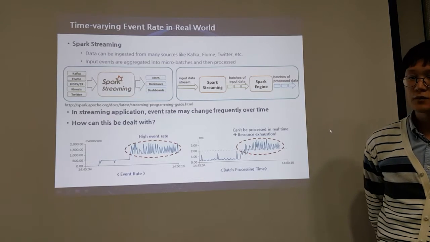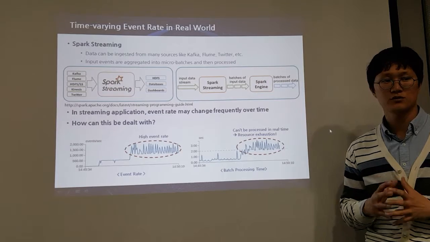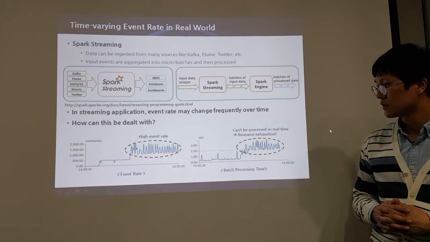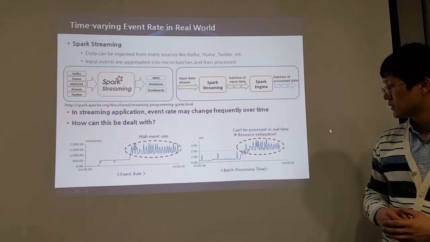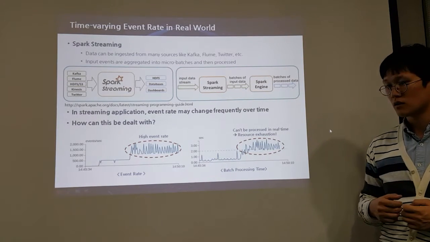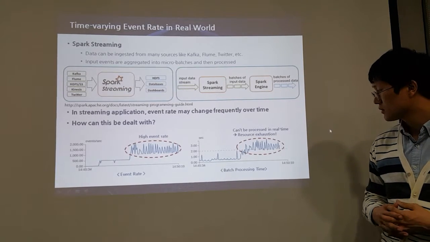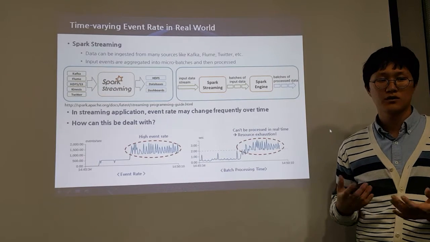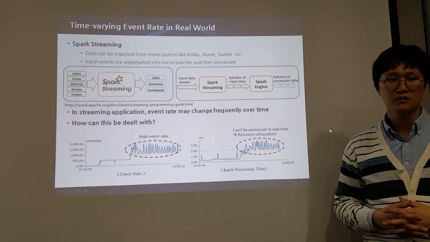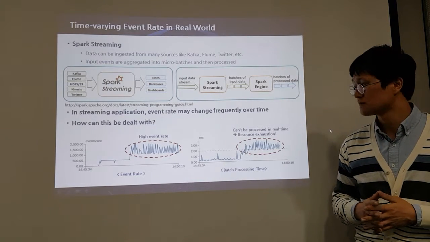If a Spark streaming application is allocated a fixed amount of resources all the time, then if the event rate becomes too great, it can't process those streams in time. So the application has to store pending events, and this can exhaust the application's resources.